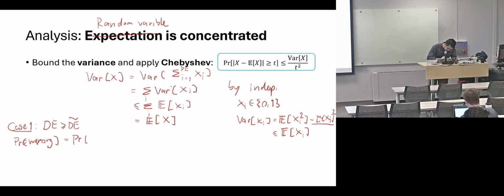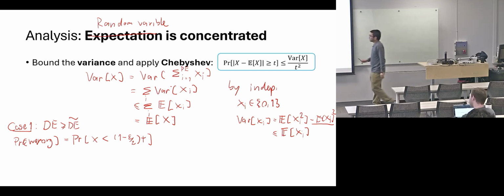If x is less than t, right? This is when we say no, but we're supposed to return yes here. If this happens, we say no, so it means that we are wrong.